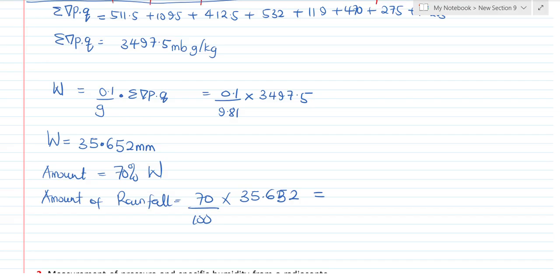So by 70 over 100, that is 24.957 millimeters. So this is the amount of rainfall.